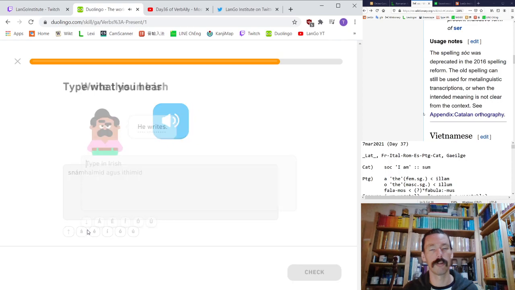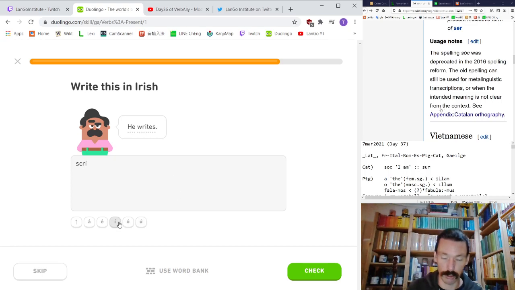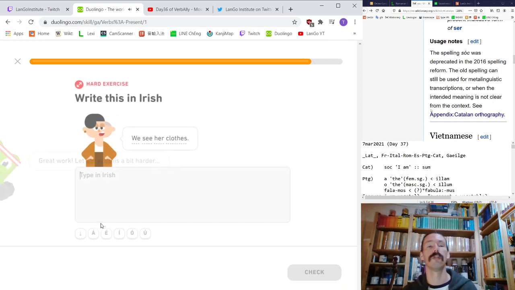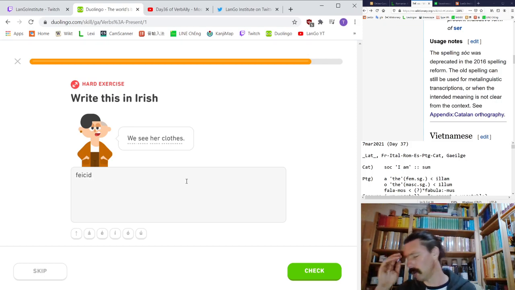He writes. Scríobhann sé. Does it have an accent? Yes. Showing that it's a long vowel. Scríobhann sé. He writes. Verb first in Irish. We see her clothes. Feicimid. Clothes has an EA in it. And to say that they're hers, wow.